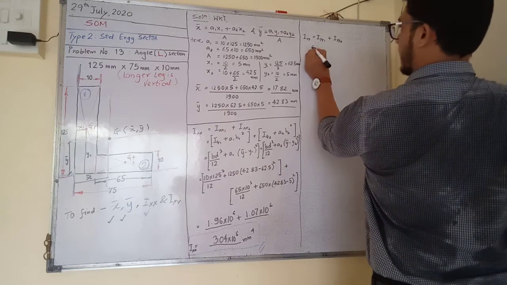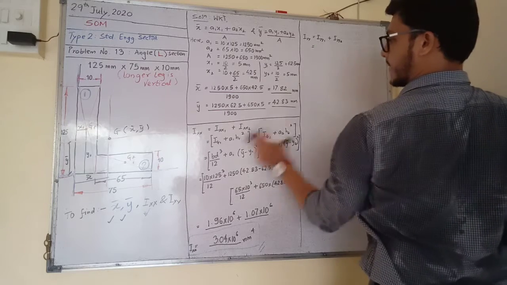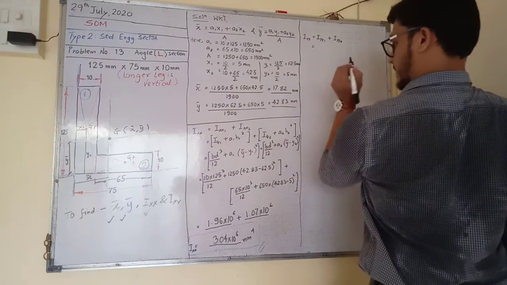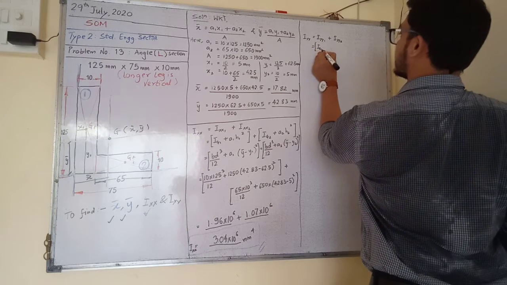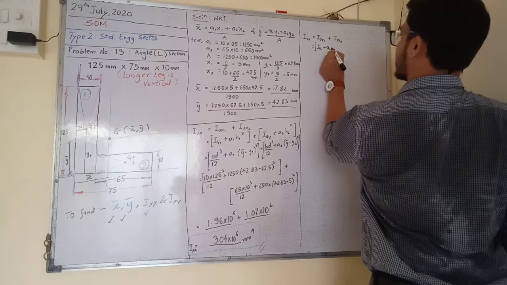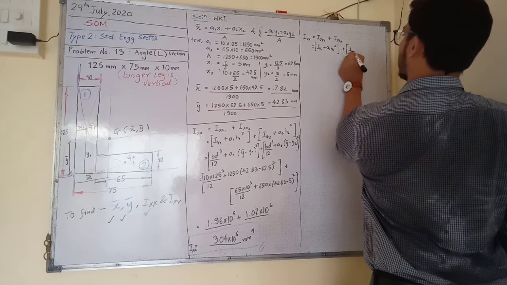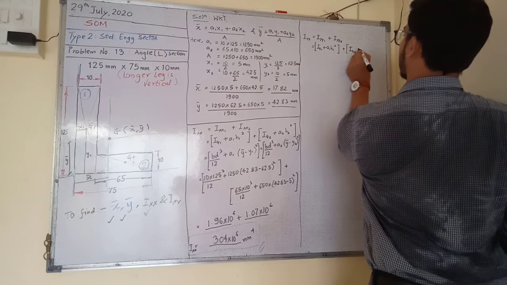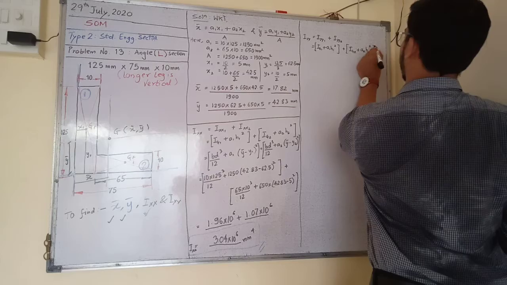Okay. So Ig1 plus A1 H1 square plus Ig2 plus A2 H2 square.